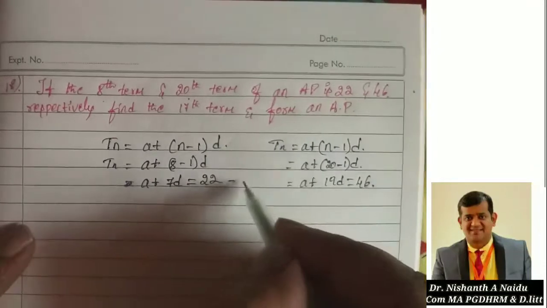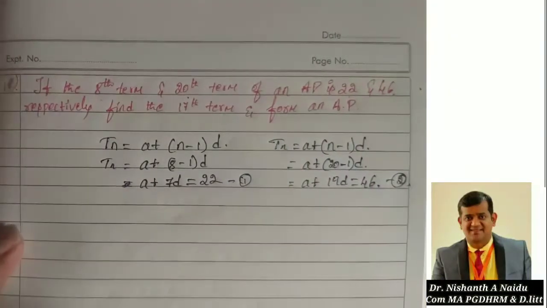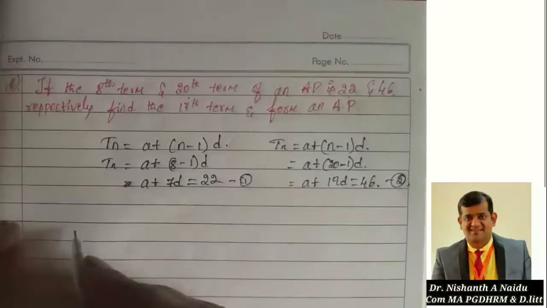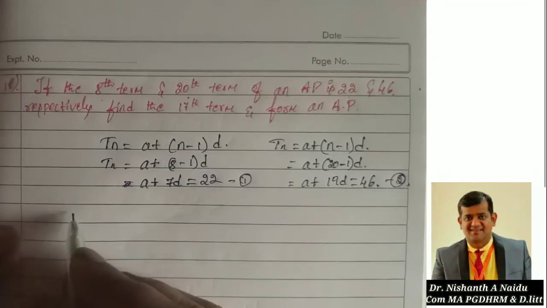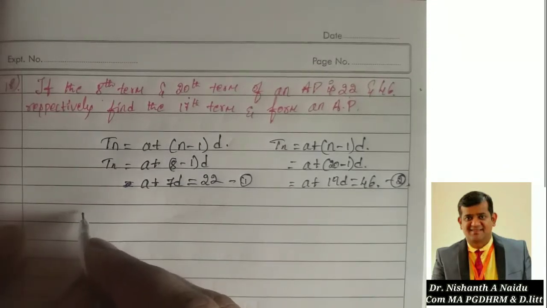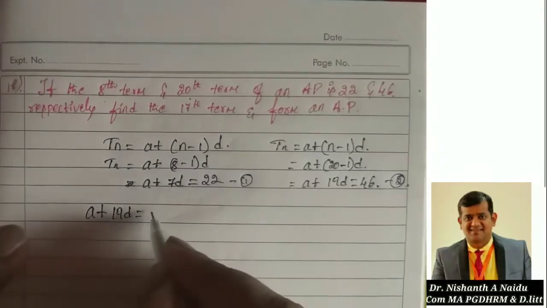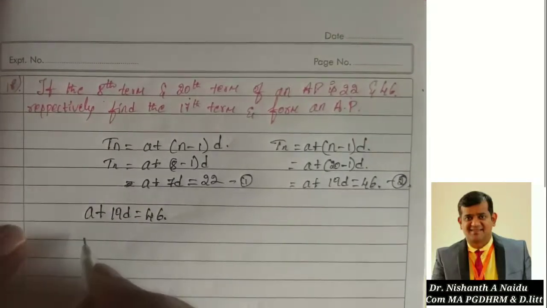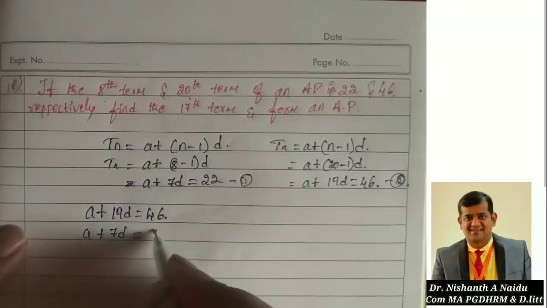We keep this as equation 1 and the other we consider as equation 2. Let us subtract equation 2 and equation 1. I am always taking the greater one up. A plus 19D equals 46. A plus 7D equals 22.